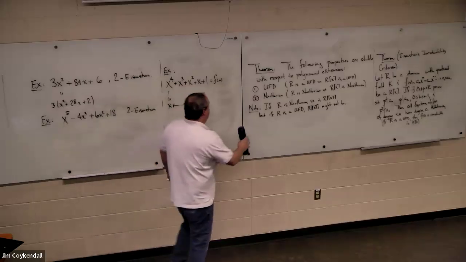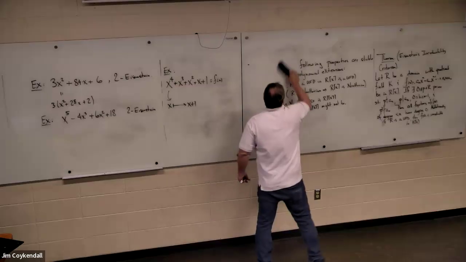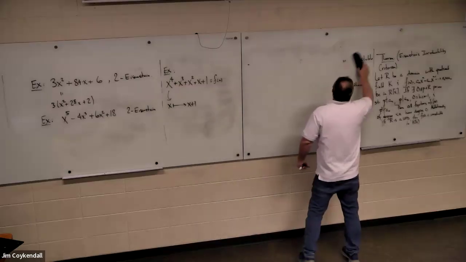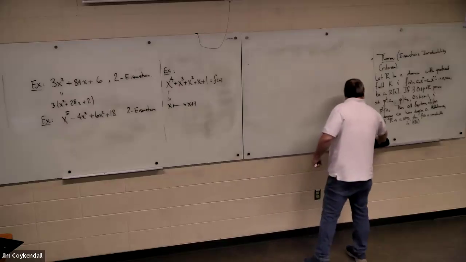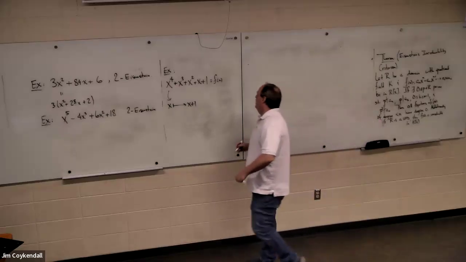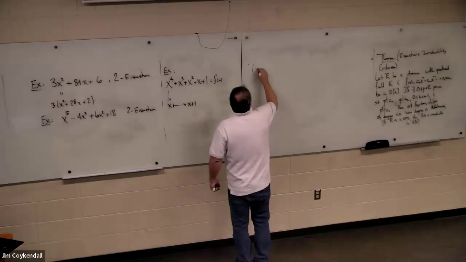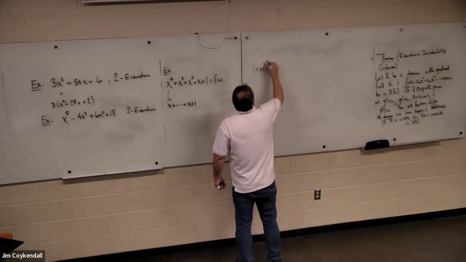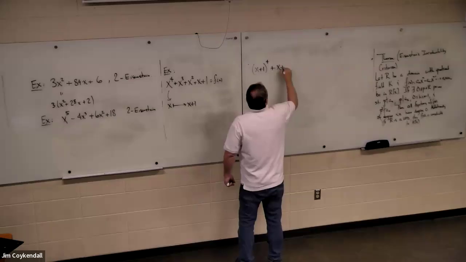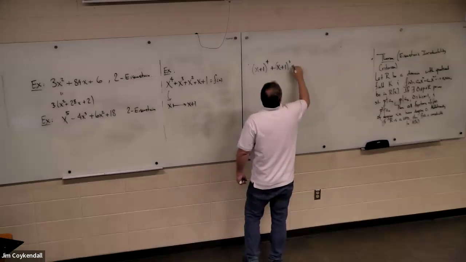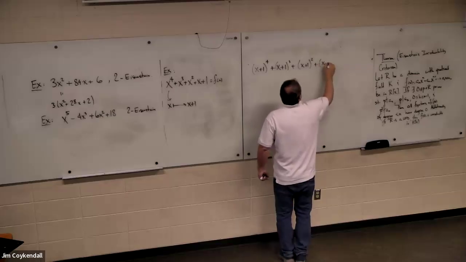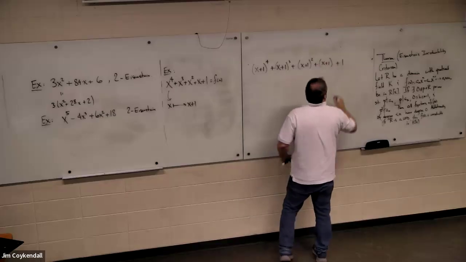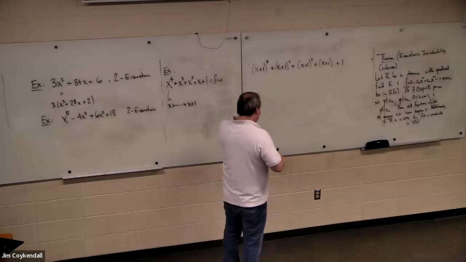That's not going to actually, basically, that's just replacing x by x plus 1. So that's not going to affect the irreducibility here. This becomes (x plus 1) to the 4th. Right?